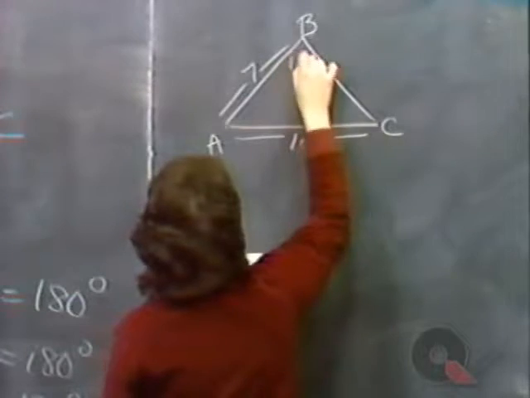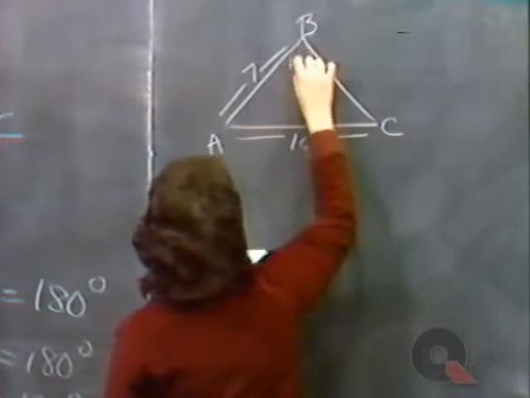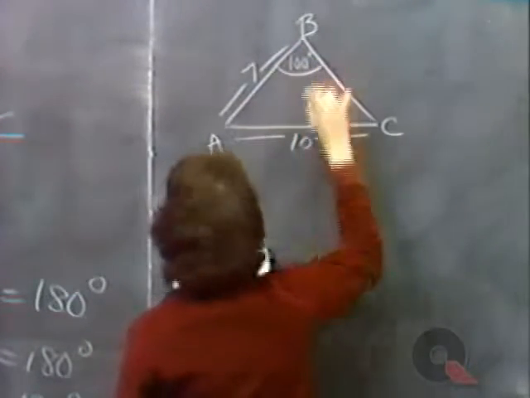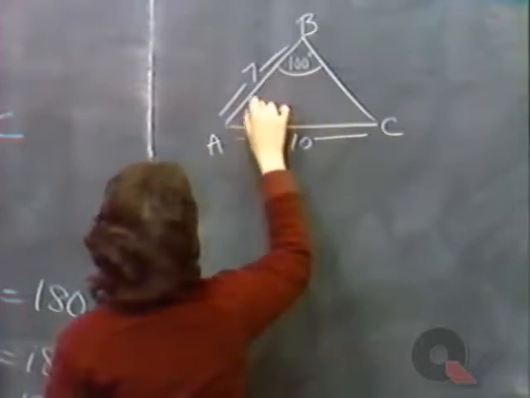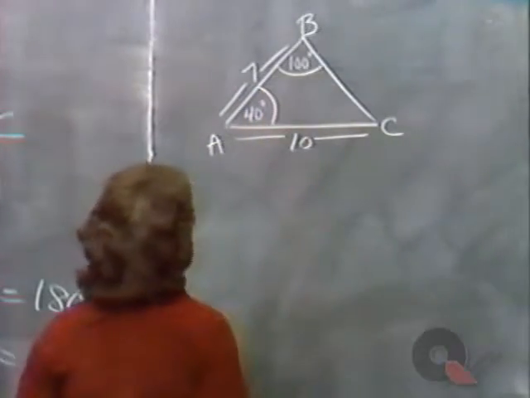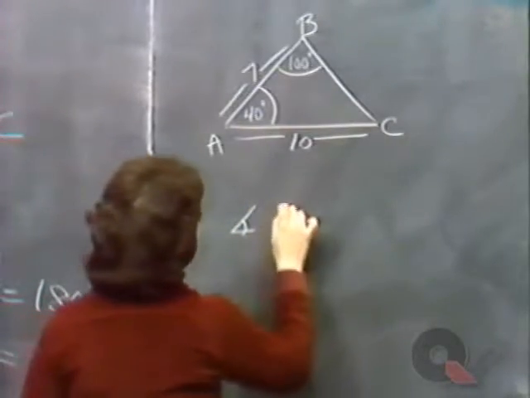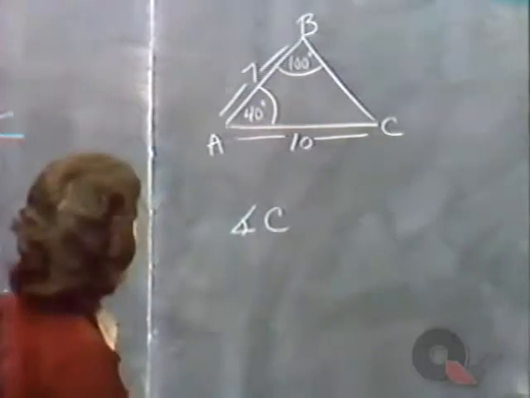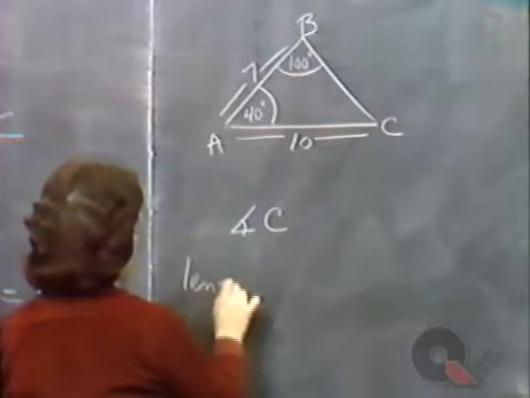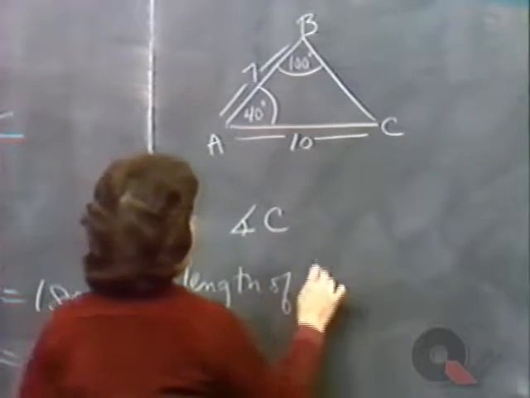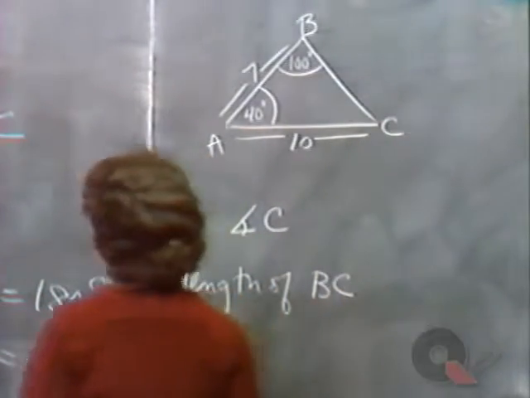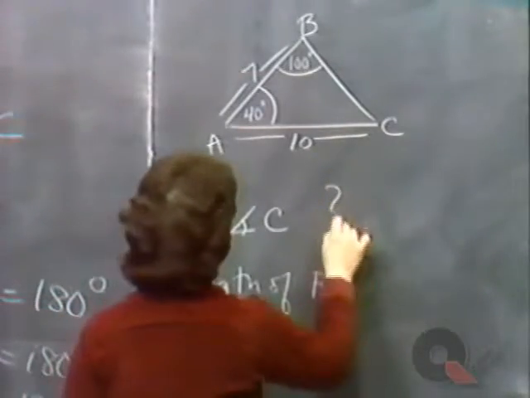I will tell you that this angle is 100 degrees, angle B, and angle A is 40 degrees. And here I am interested in angle C and the length of BC. Here are the things we're trying to find out.